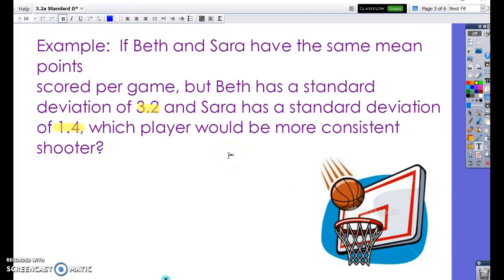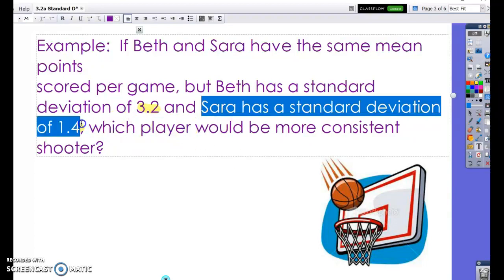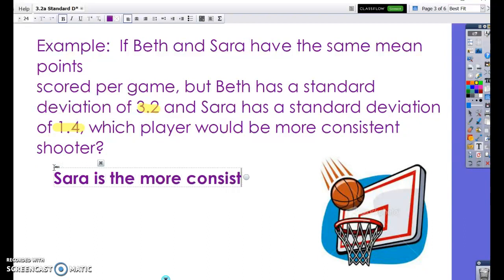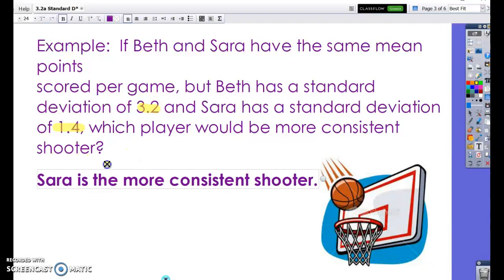Well, remember we just said to be consistent, that means you're closer to 0. So Sarah has a standard deviation of 1.4. 1.4 is closer to 0 than 3.2 is, so Sarah is the more consistent shooter. And there we have it.